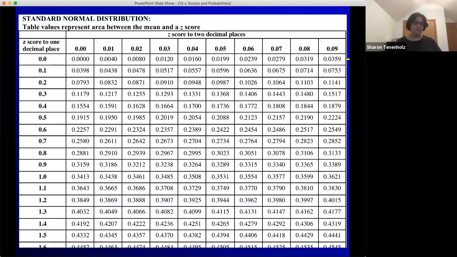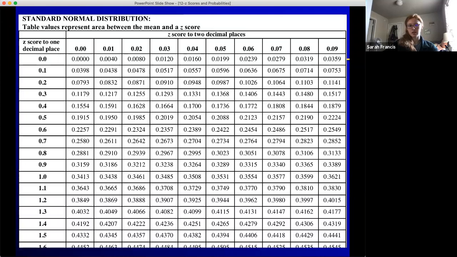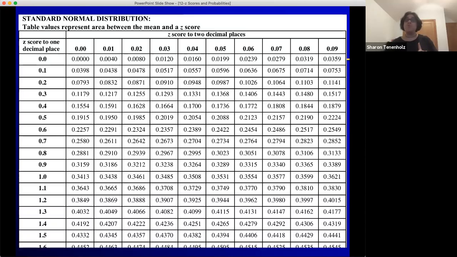There are no negative numbers in it. What do we do? Would you just use the positive numbers and then make the resulting number negative? You would use the positive number, but you don't want to make the resulting number negative because it's still a probability, and probabilities are always going to be positive.